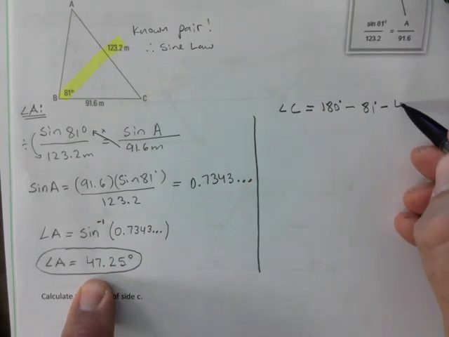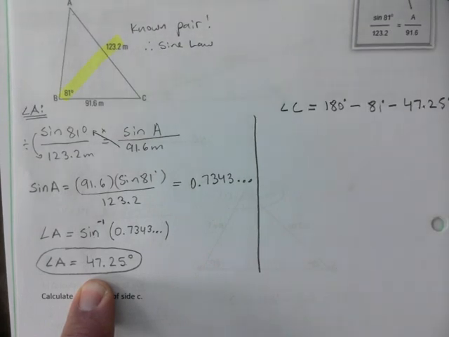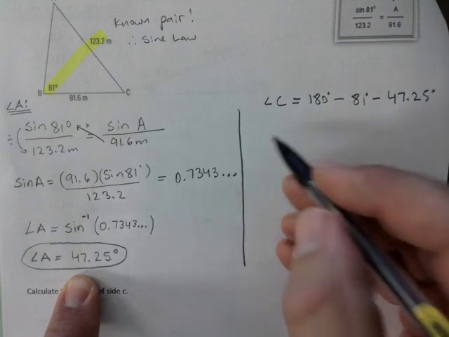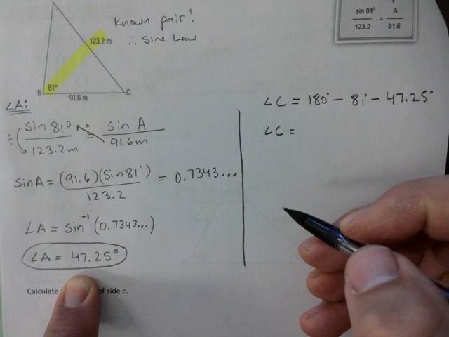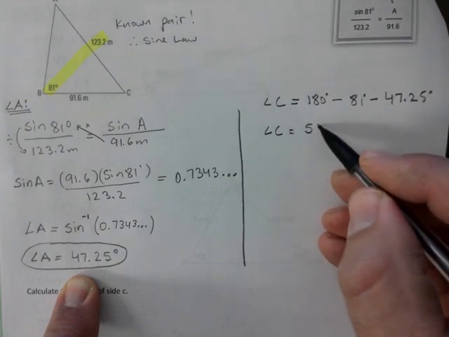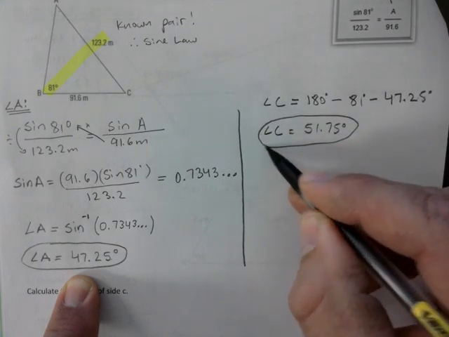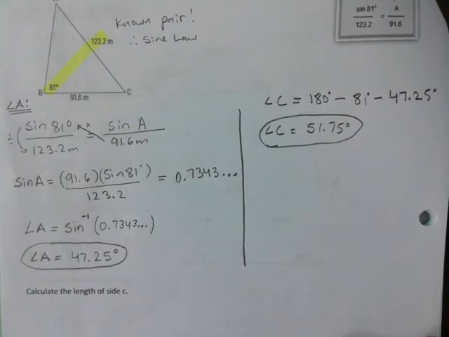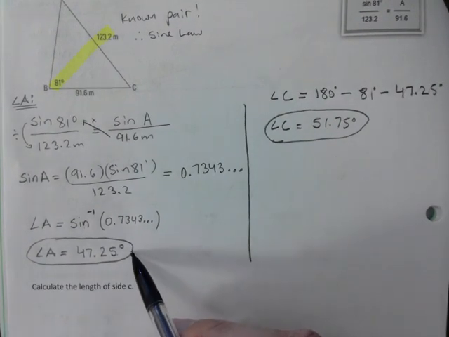And I just found out that the other angle is this. So please don't do another sine law. Save yourselves the trouble. Right? It's just way too much work to do it that way. And my answer is 51.75 degrees. Boom, you found both angles just like that. Let's do an arrow. I like arrows.